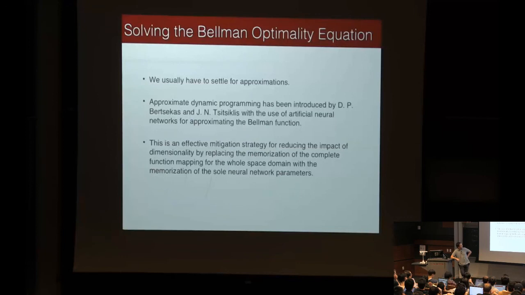It's a fairly effective mitigation strategy where you're dealing with the curse of dimensionality by replacing memorization by basically a mapping, a nonlinear approximation function. So we'll look at some examples of that. In fact, in the last few years, the field of deep reinforcement learning kind of exploded.